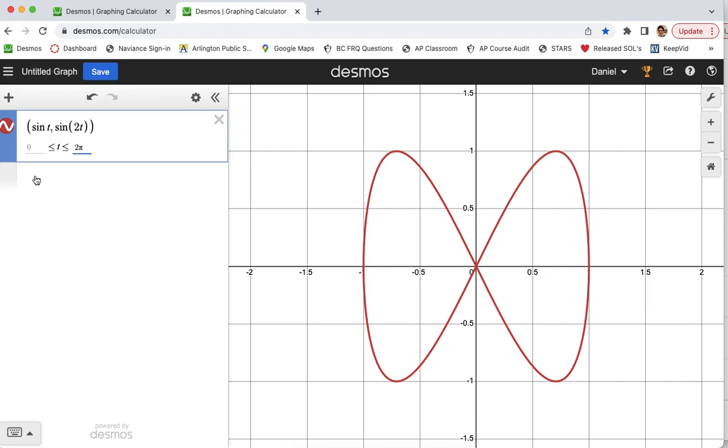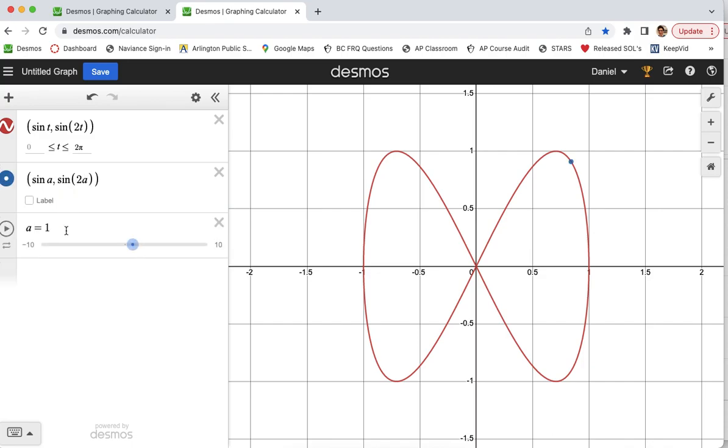Another cool thing you can do is graph a moving coordinate around here. If instead of using the variable t, which will then use every value for t between 0 and 2 pi, you want to, you can use some other constant. Let's call it a for the moment. And then I can make a slider for a.